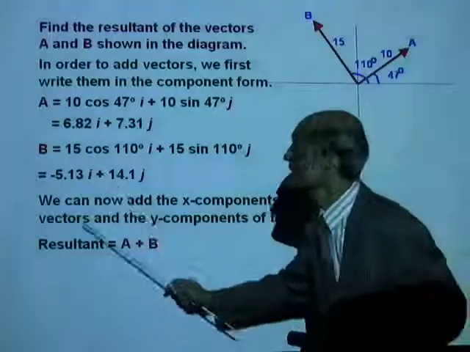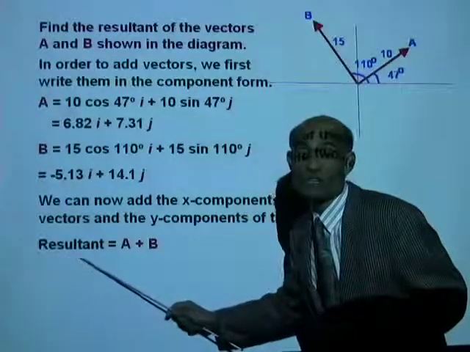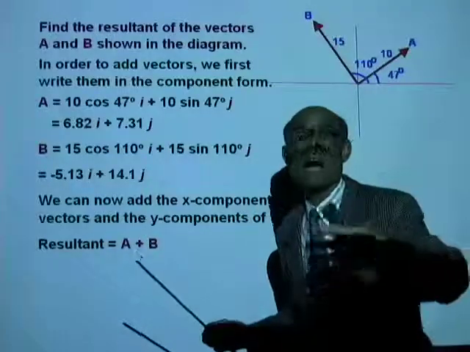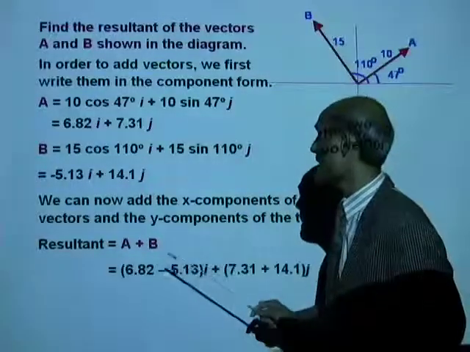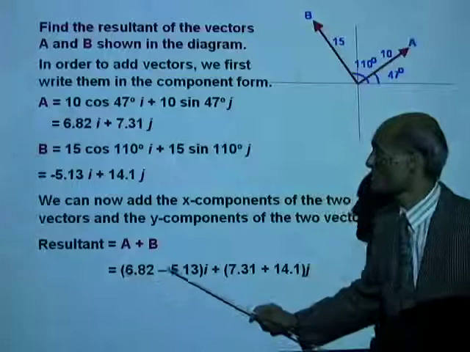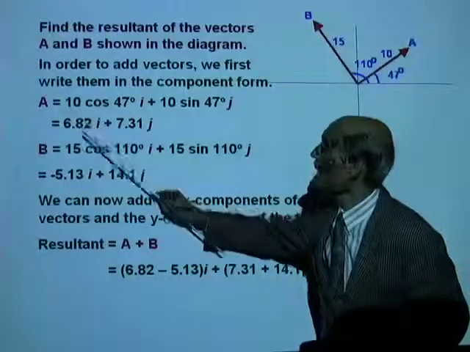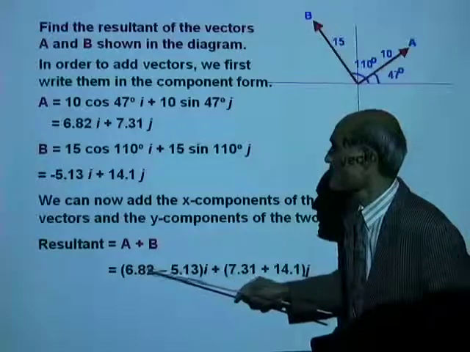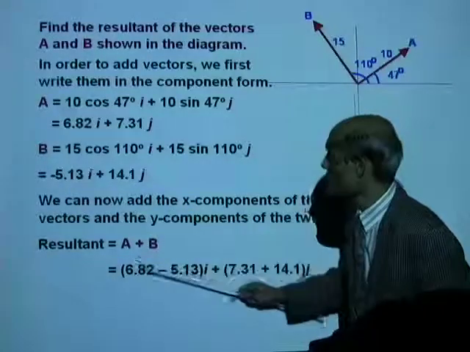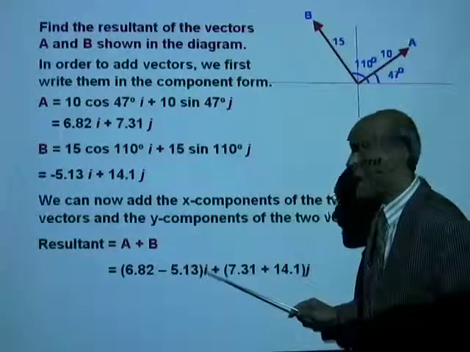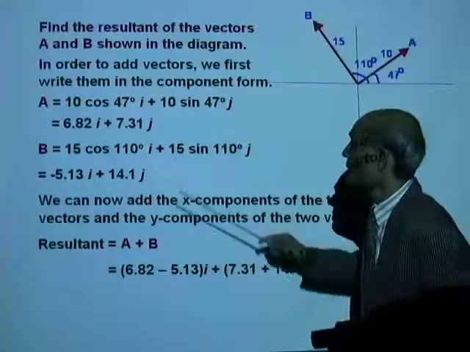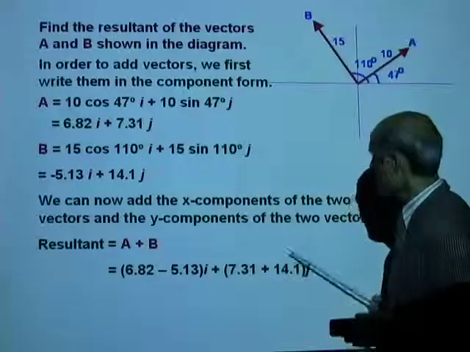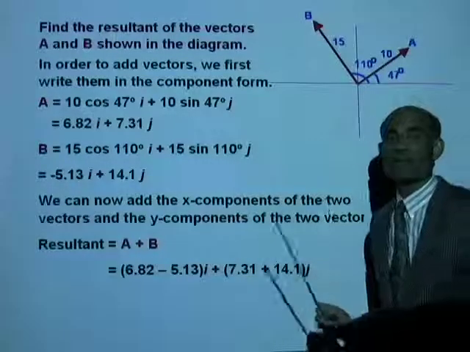So, the resultant, look at the word resultant. Resultant is the result of adding vectors A and B. And look at the way I wrote it. I took the i's first, the x components first. That'll be 6.82 minus 5.13i plus 7.31 plus 14.1j.